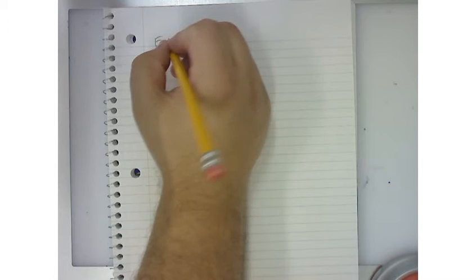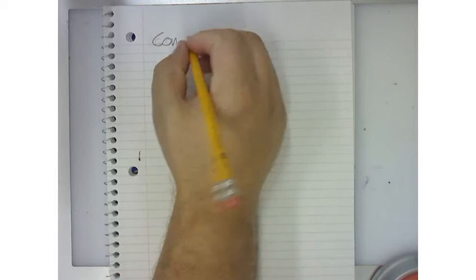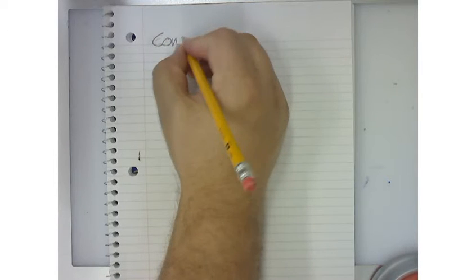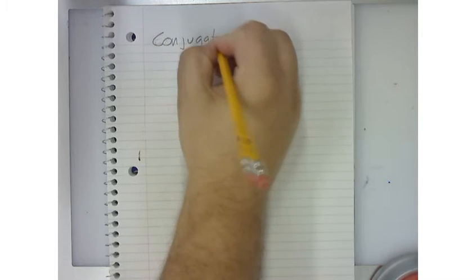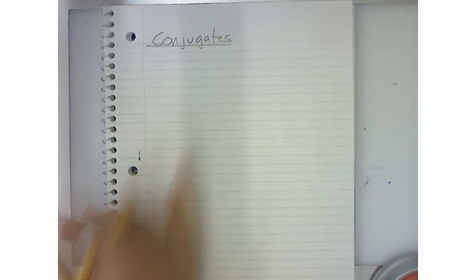So now we're talking about complex numbers, and before we do example number 4, I guess I should talk about conjugates. You'll want to write this down in your notes because this is important.